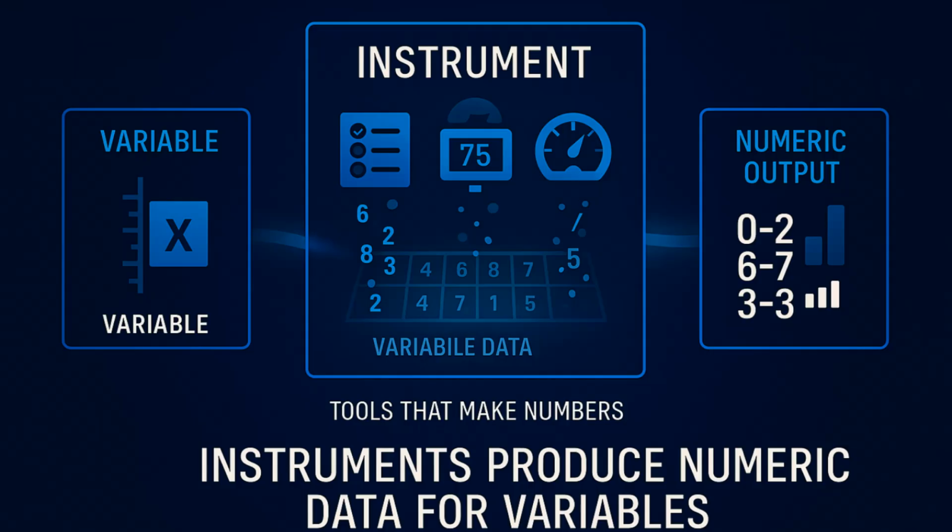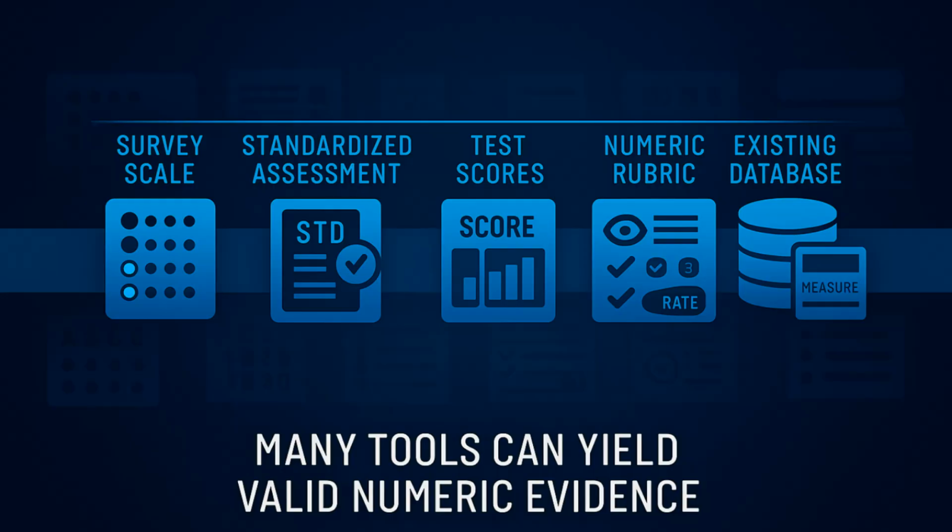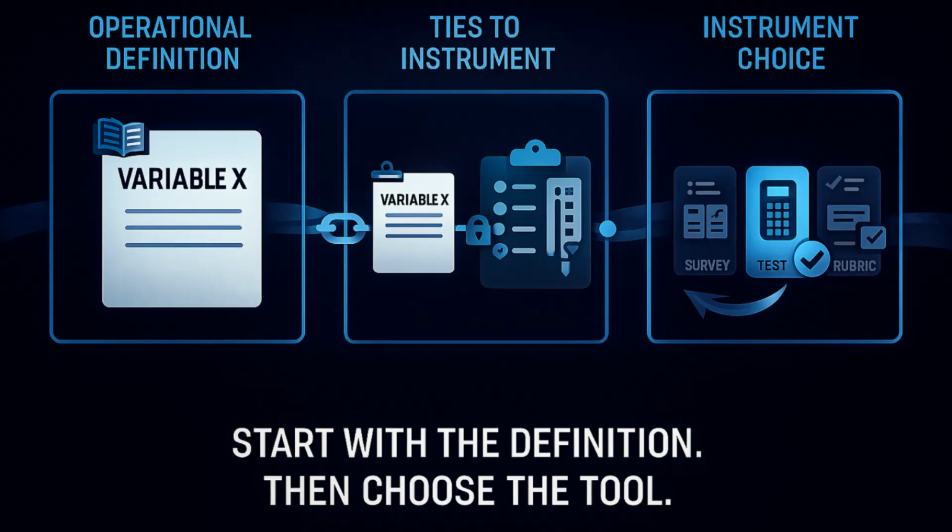In quantitative research, an instrument is any tool that produces numeric data for a variable. That might be a survey scale, a standardized assessment, test scores, a rubric that yields numeric ratings, a structured observation tool that is scored consistently, or an existing database measure. Your instrument choice begins with the operational definition because that is what ties the instrument to the variable.